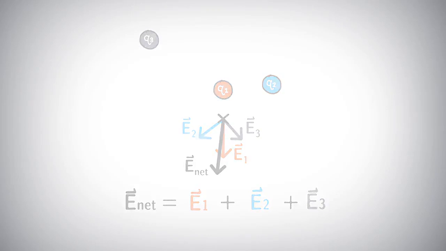Let's do an example where we calculate the net electric field at a specific location, marked by an X, due to 3 point charge sources, Q1, Q2, and Q3.